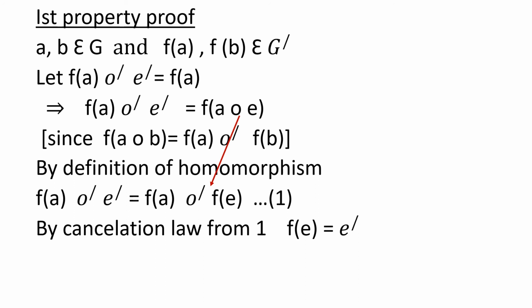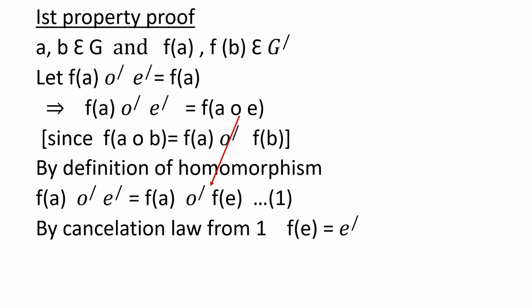Now applying the homomorphism on this relation, f(a) O' e' will be equal to f(a) O' f(e), because as per the property, f(a O e) can be written as f(a) O' f(e).